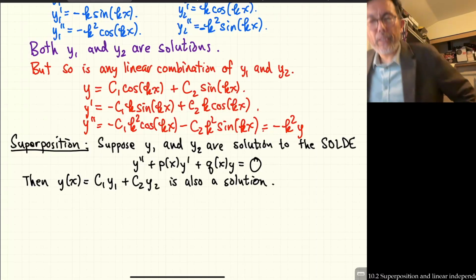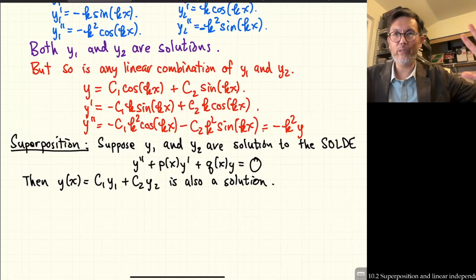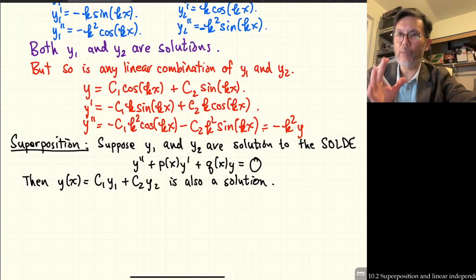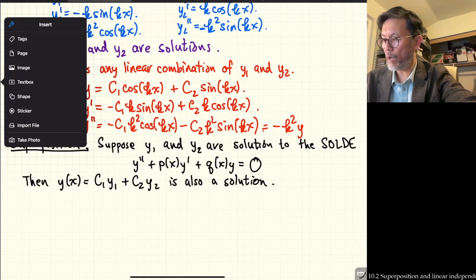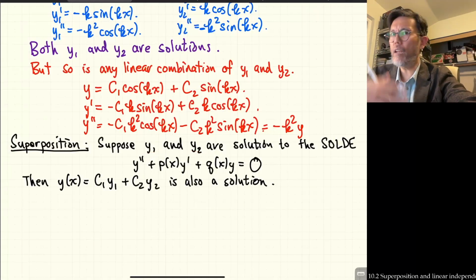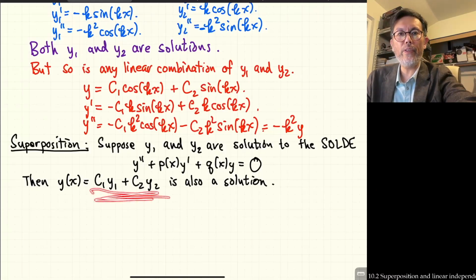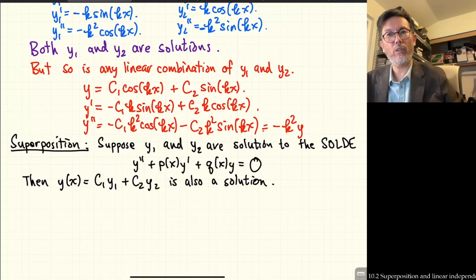Now I'm going to reiterate the point that I made before. Actually, before I do that, let me make the point. What this is saying is that if you have two solutions, y1 and y2, you get infinitely many solutions by combining them in this manner, c1y1 plus c2y2. I say infinitely many, but there are some degenerate cases where that might not be the case.